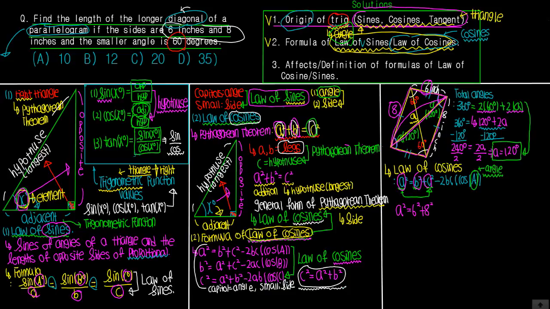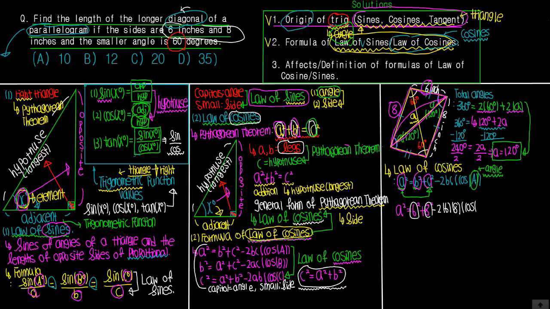When it comes to addition or multiplication, the order won't matter. So minus 2 times what is our b value? Well, the b value is 6. Times what is our c value? Our c value is 8. And then times cosine of our a value. What is the angle that is given?